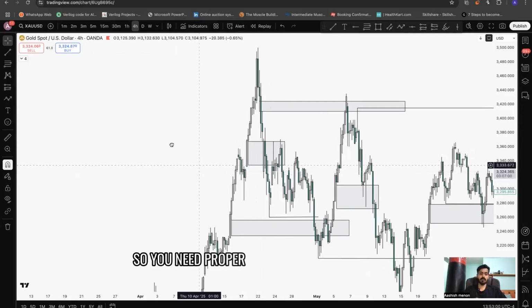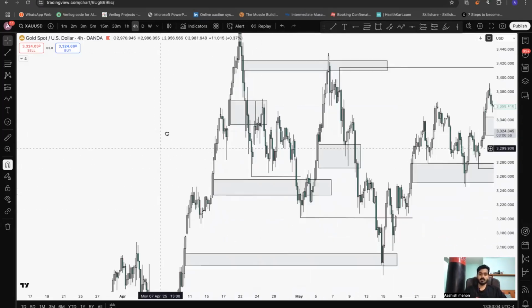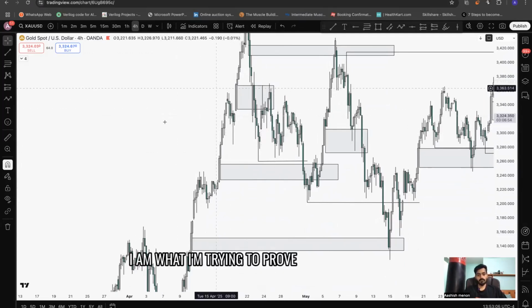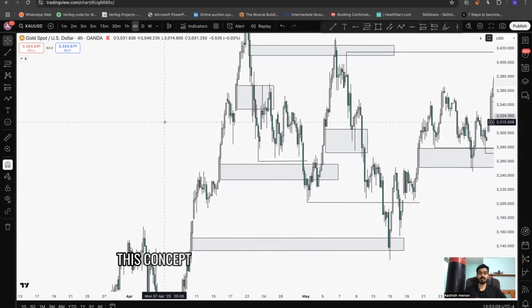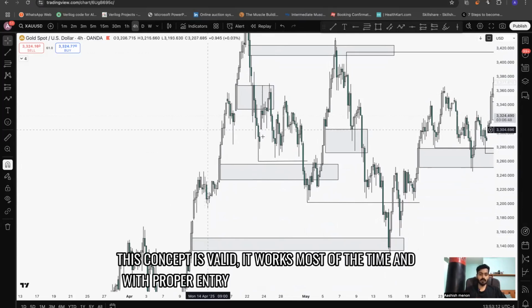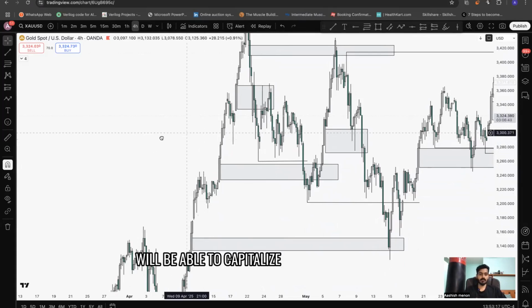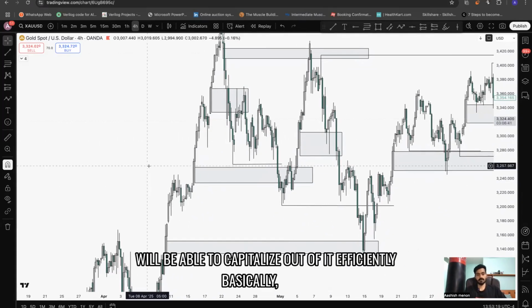So you need proper entry models at play to actually capitalize on these. What I'm trying to prove from this video is that this concept is valid. It works most of the time, and with proper entry models and rules in place, you will be able to capitalize on it efficiently.